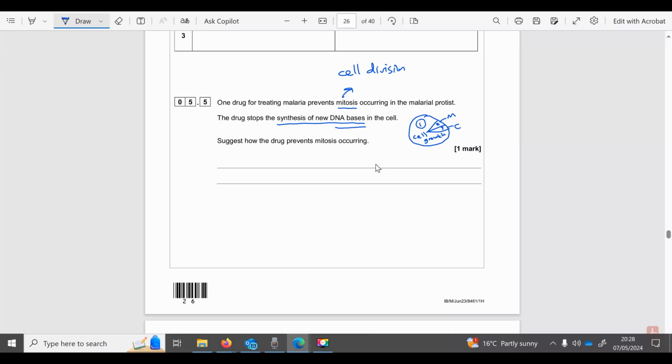The drug stops the synthesis of new DNA bases in the cell. So adding or making new bases. What's the drug going to do then? That means it's going to interfere with stage 1. And stage 1, we said, is DNA replication. So it stops DNA from replicating.